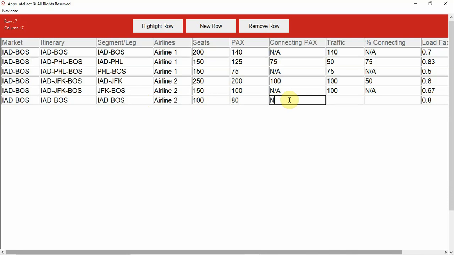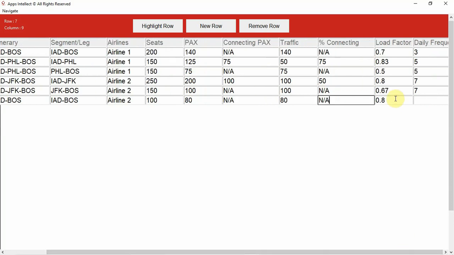Connecting is not applicable because it's a single one-way route, and 80 is the passenger traffic. The load factor becomes 80. The number of flights flying daily is 2, the daily frequency for this route for Airline 2.